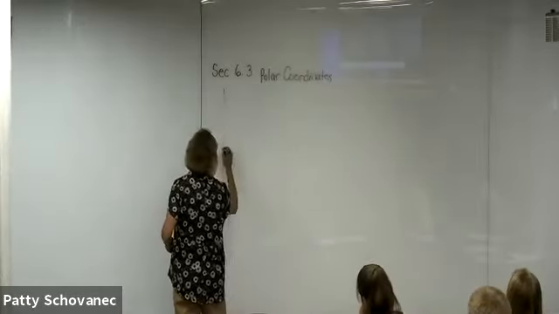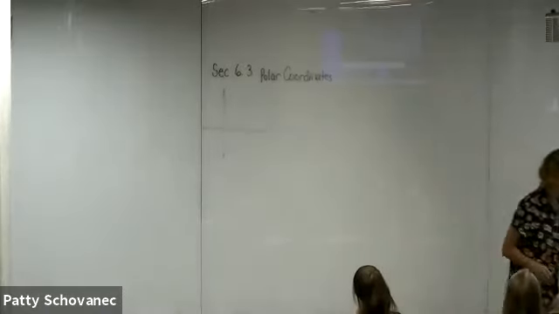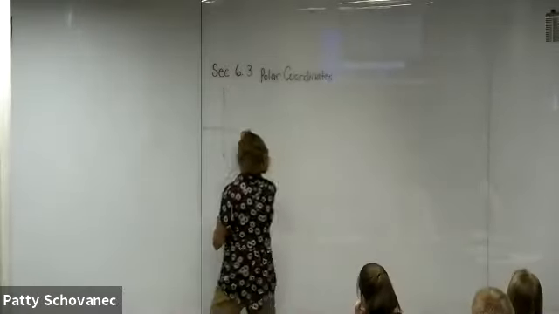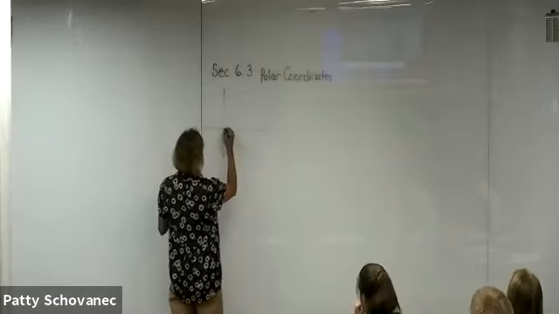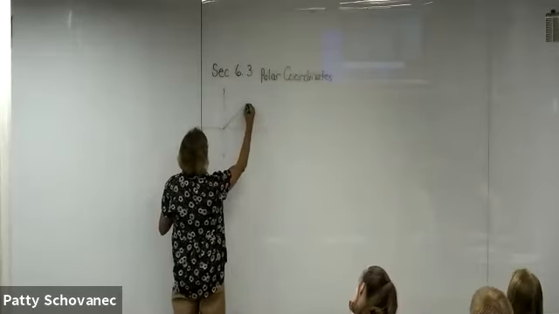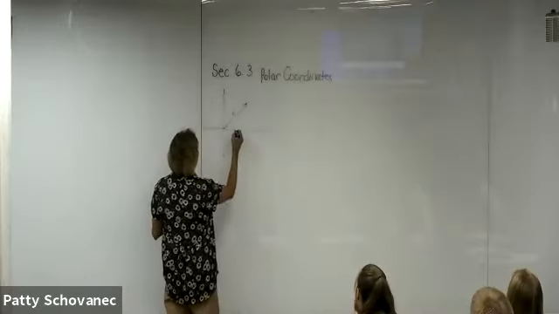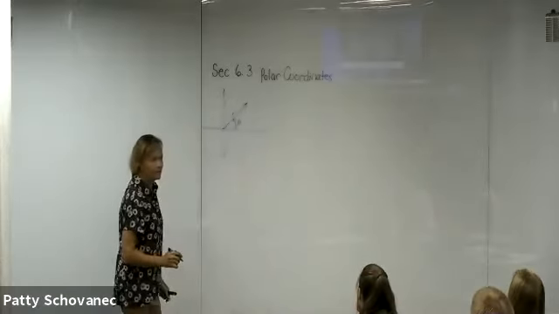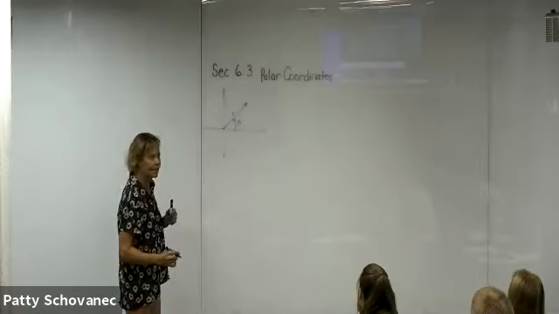Polar coordinates were generated by rotating a ray through the polar plane. This is the pole. We take a ray and rotate it. As that ray rotates, it changes its length, r, and it forms an angle with the positive x-axis of theta if you rotate it that way. If you rotate it clockwise, then theta is a negative angle.